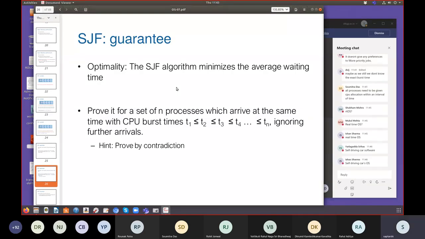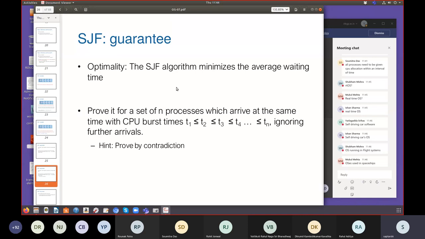Exactly, self-driving cars, or even if you do not go so high up, flight systems, spaceships, etc. If a command is given, a guarantee is needed that it should be executed in the next 1 millisecond.